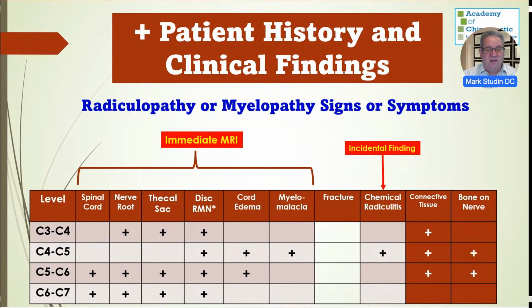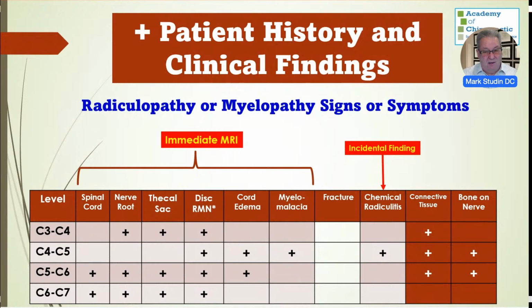Is there cord edema? In other words, when there's pressure on that spinal cord, it's like stepping on a garden hose and the water backs up. So you're going to get cord edema. But when the water, or blood in this case, backs up, it can't get to the cord and the nutrients can't get there, and you start getting death of the neurons in the spinal cord. You'll start seeing a shrinkage of that cord, and that's myelomalacia.